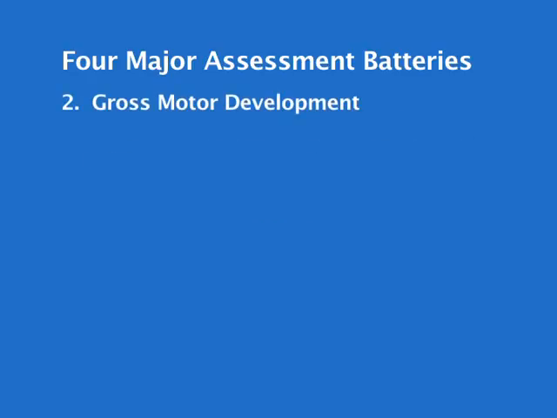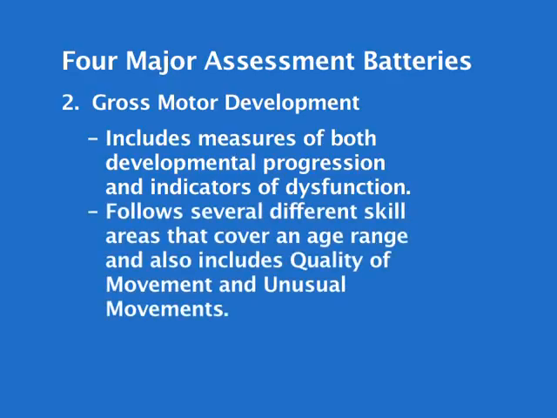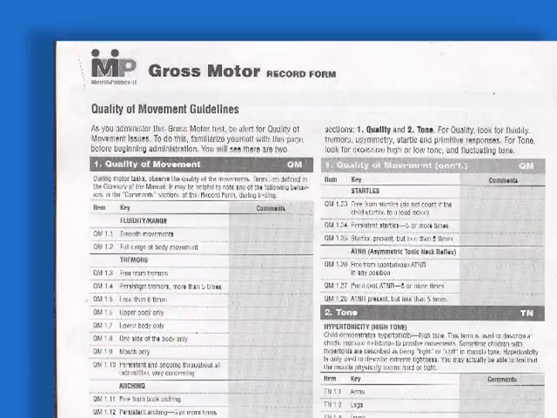Number 2, the gross motor battery includes measures of both developmental progression and indicators of dysfunction. This scale follows several different skill areas that cover an age range and also includes quality of movement and unusual movement. Quality of movement is a record form on the back of the gross motor battery record form that examines several different motor difficulties.